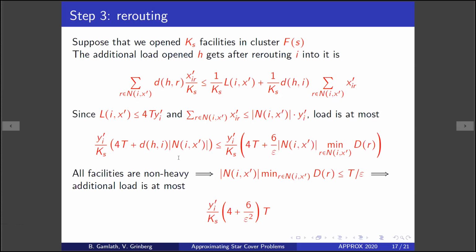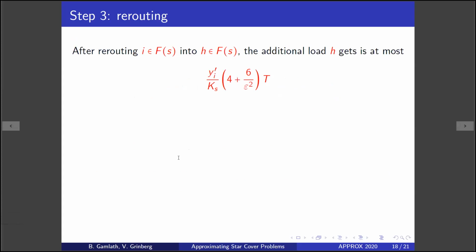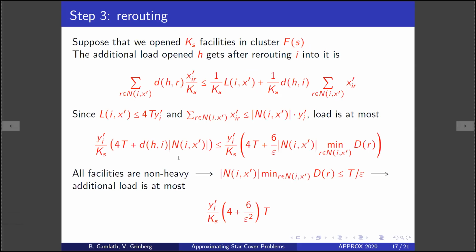Using the known bound on initial facility load, as well as LP constraint bounds, we further simplify the expressions, substituting previously obtained bounds on facility distance. Finally, since all facilities are non-heavy, we can eliminate the average distance term from our bounds, getting a nice expression.